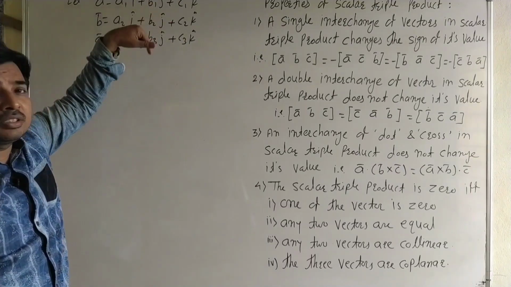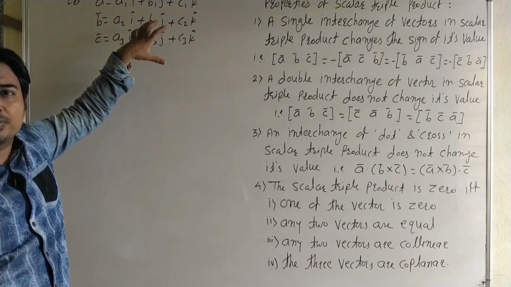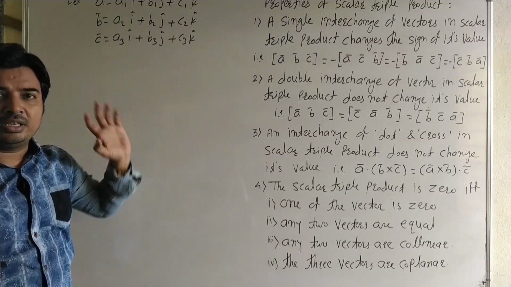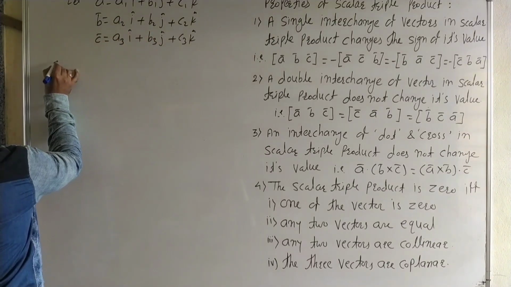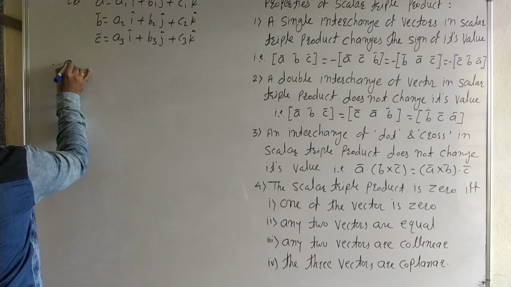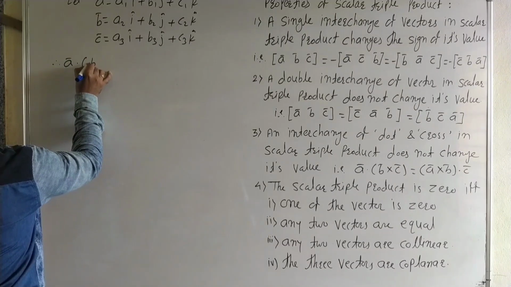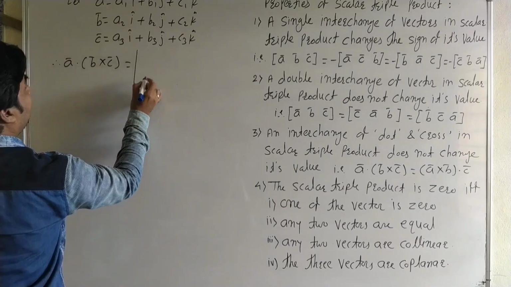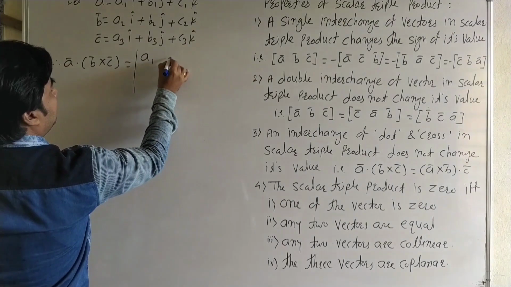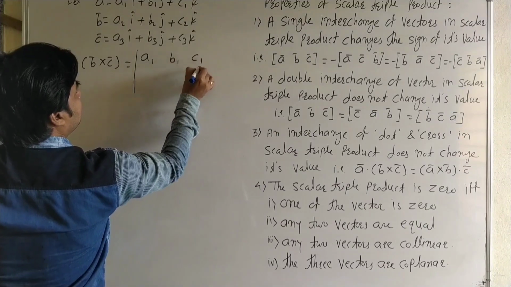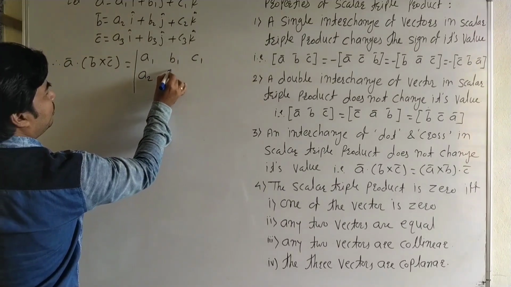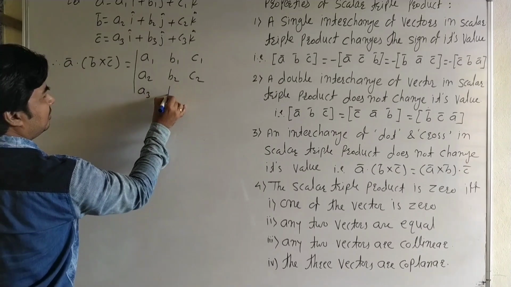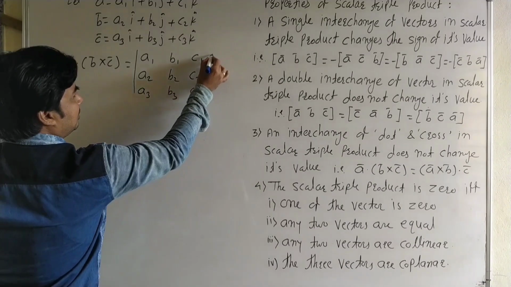Here the vectors are in the form of components, so the determinant of the components of the vectors is the scalar triple product. Therefore we can write A bar dot B bar cross C bar is equal to the determinant of A1 B1 C1, A2 B2 C2, A3 B3 and C3.